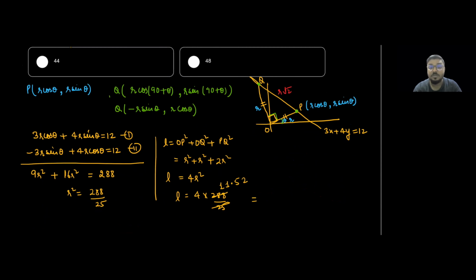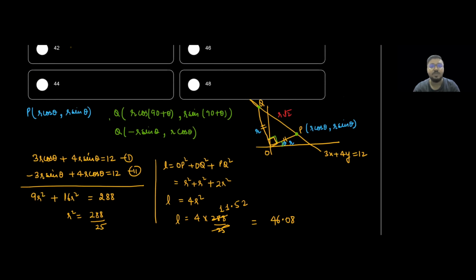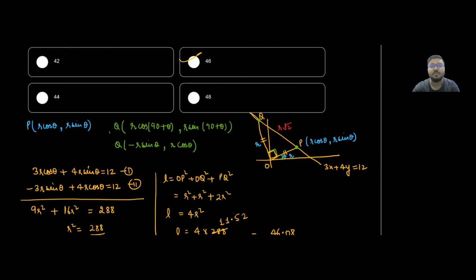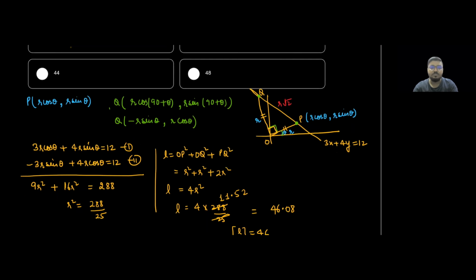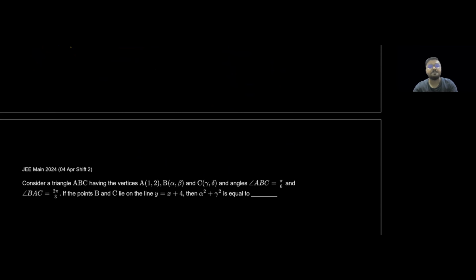Fine. So doubling it, we'll be having 4 2s are 8, 5 4s are 20, and 6 4s are 46.08. So the greatest integer of L will be 46 is your answer, which is the second option, 46. So let's move to the next question.